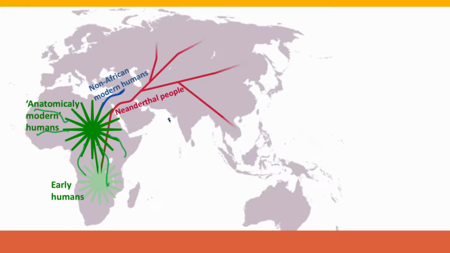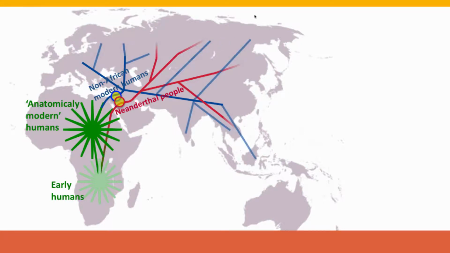And we now know that at this time, they encountered the Neanderthals. So the early humans in Africa were gone, but the Neanderthal people in southern Europe and Asia were still there. And so they encountered them, they mated with them, they had children. Their children became part of the wave of anatomically modern humans that was spreading into Europe and through Asia, into Northern Asia, into Southeast Asia.